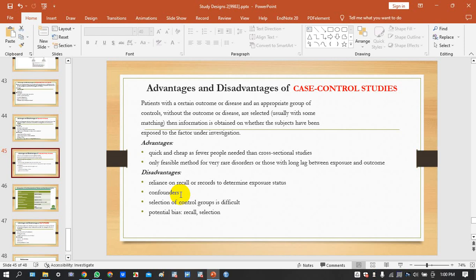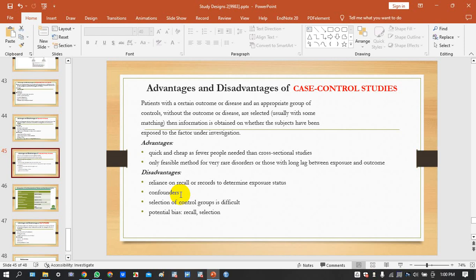You have to assign an age categorization for them. The controls should be maybe above 45 years, and the cases also should be above 45 years. But if you pick controls who are lower than 45 years, and cases higher than 45 years or lower than 45 years, age becomes a confounder. So you have to be careful.